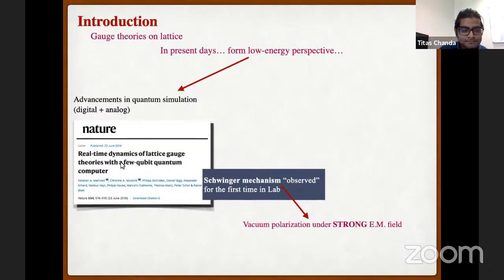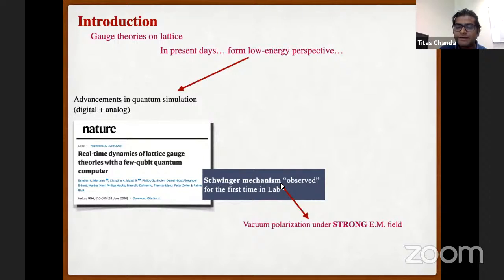And the first positive answer came out in this paper, where the Schwinger model, that is quantum electrodynamics in 1+1 dimension, fermions coupled with electromagnetic field in one spatial dimension and one time dimension, was first simulated digitally with a few qubit quantum computer. And the Schwinger mechanism of pair production was observed for the first time in the laboratory.